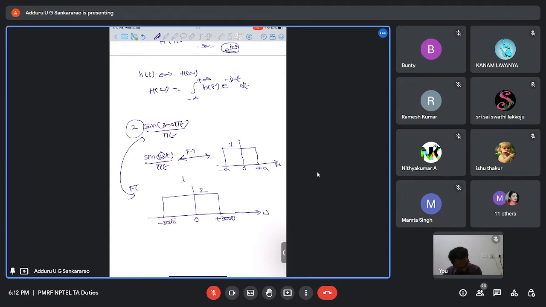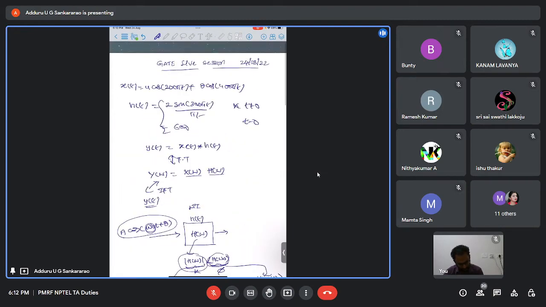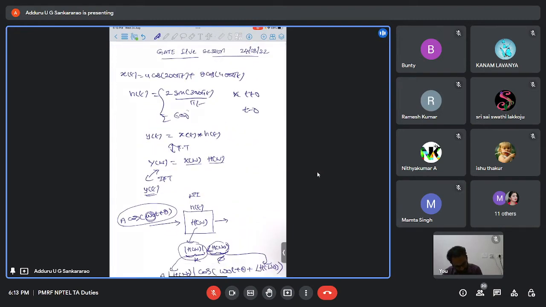This is H of omega when t is not equal to 0, and also we have h of t equal to 600 when t equal to 0.